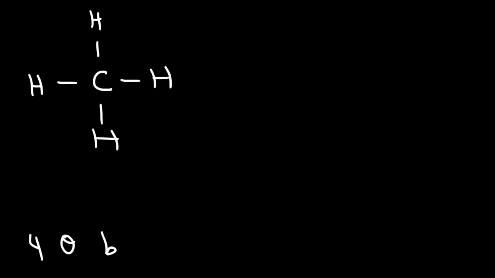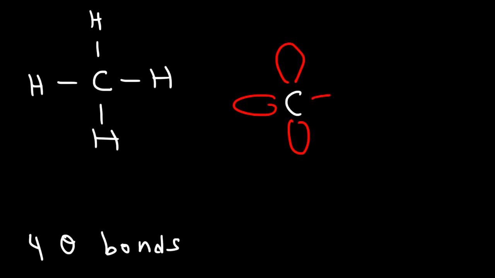Now let's go back to methane. Methane has 4 single bonds, and so it has 4 sigma bonds. And as we said before, the carbon in methane has 4 sp3 hybrid orbitals highlighted in red.